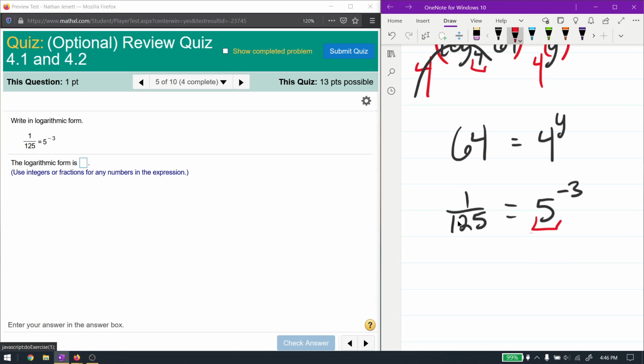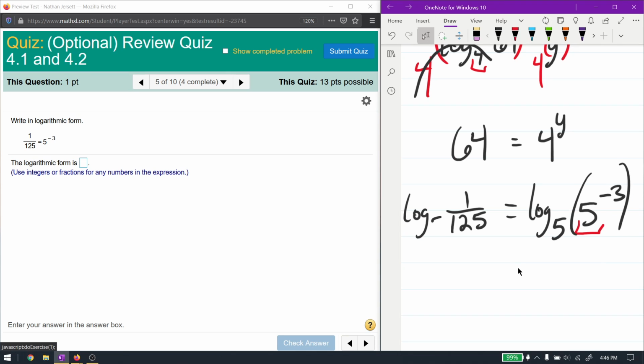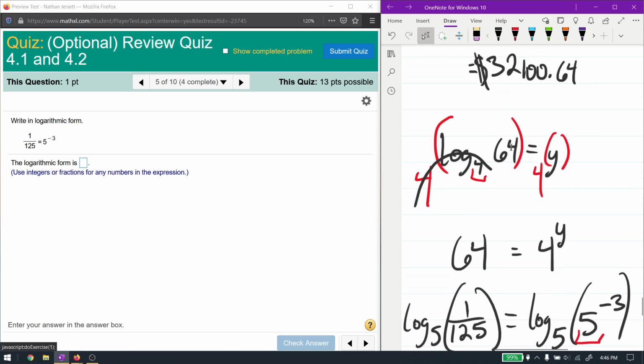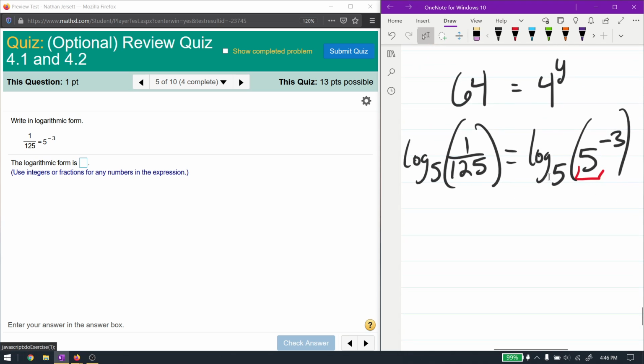So I'm going to space this out just a little bit, because now I'm going to take log base 5 of both sides. Just like in the previous problem, we took 4 to the power of both sides. That's what canceled with the logarithm. Here we're going to take log base 5. 5 is the base. That's how we cancel. Log base 5 and the 5 will cancel, giving me just negative 3 on the right-hand side.